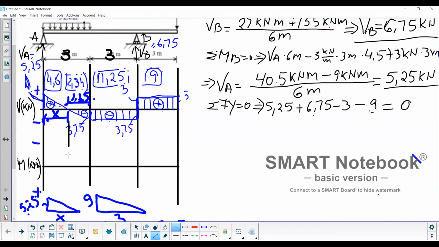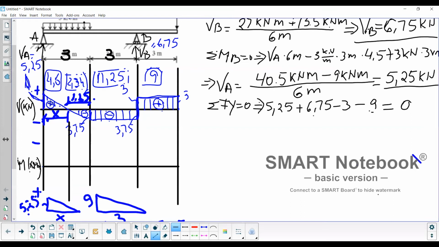This is a place of minimum or max. So we have to draw this line. Perfect. So now we can continue, starting at 0, going towards the positive side of the diagram, 4.6.